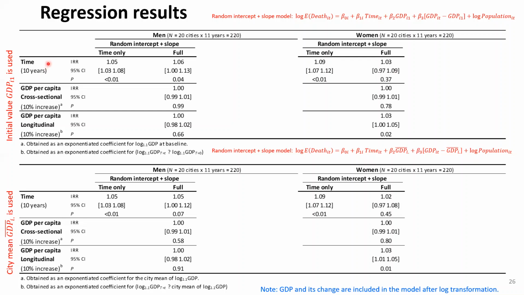So I also wanted to know, if we do not consider the general trend in time, what is the association between GDP and mortality without accounting for the general trend in mortality? So I wanted to get GDP only here, but I cannot do that using the random intercept and slope model, because if we drop time, we are going to drop this beta coefficient, as well as the random slope for time.